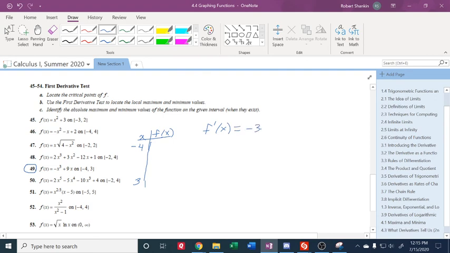F prime of x is negative 3x squared plus 9. Set that to 0, and factor out a negative 3. It turns out x squared minus 3 must be 0, so x squared equals 3, and x equals plus or minus the square root of 3. Both of those fit in this interval.